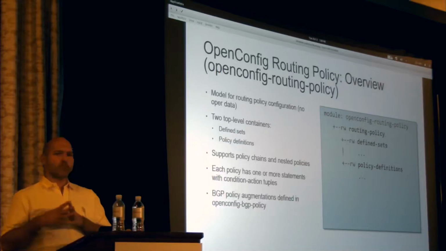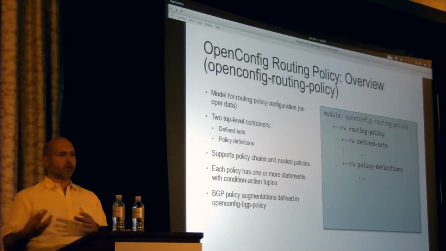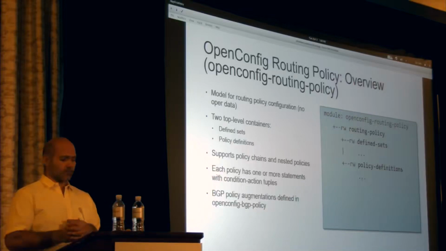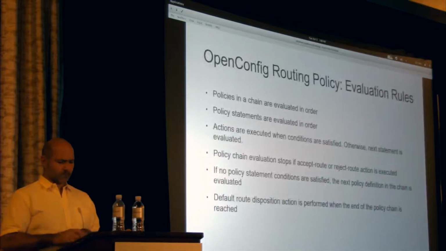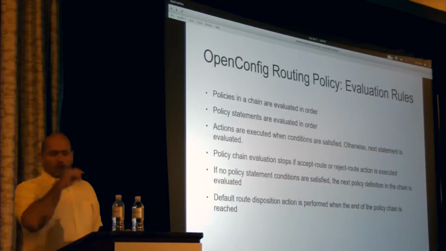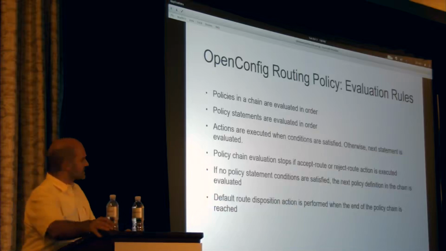There's actually a BGP policy augmentation. So there's a separate YANG definition that augments routing policies to make them BGP capable. And I think I have one slide to describe this. Okay. I put this slide, excuse me, more as a reference.